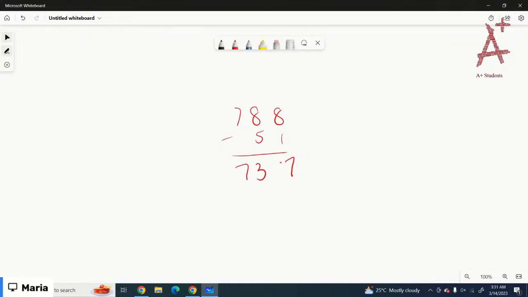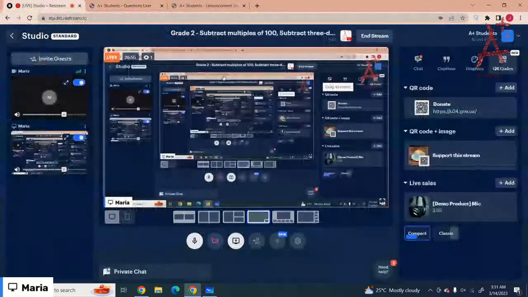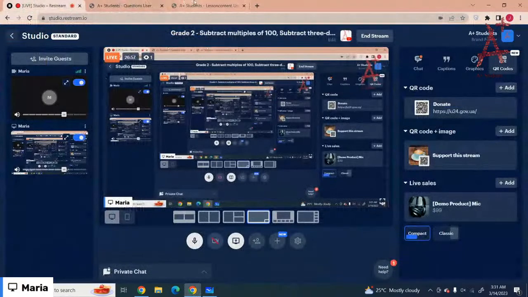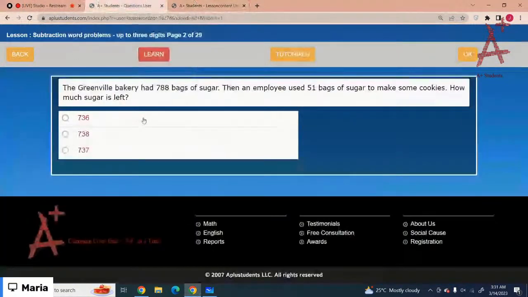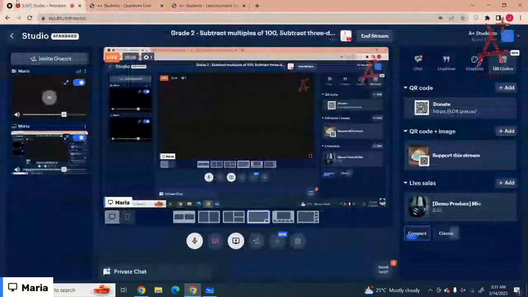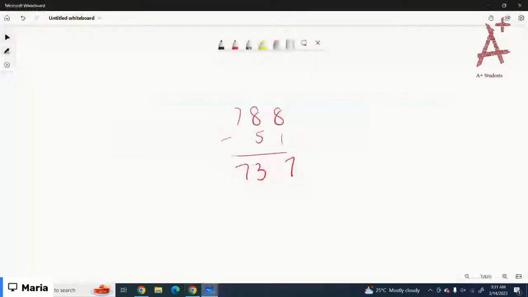That means 788 minus 51 equals 737. Got it? So the correct option is 737.